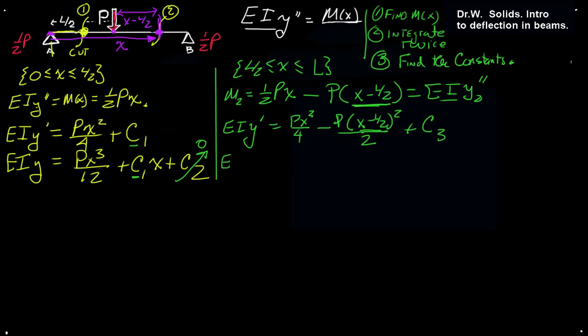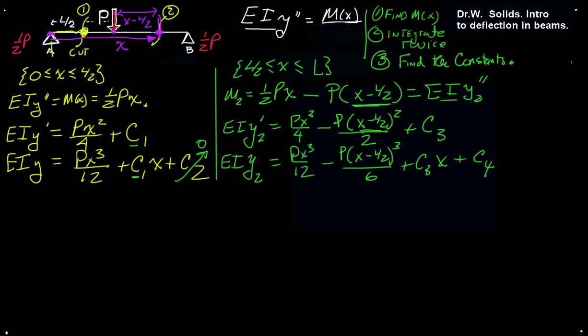And integrating it again, we'll finally get our deflection function as Px cubed on 12 minus P times x minus L on 2 cubed over 6 plus C3x plus C4.